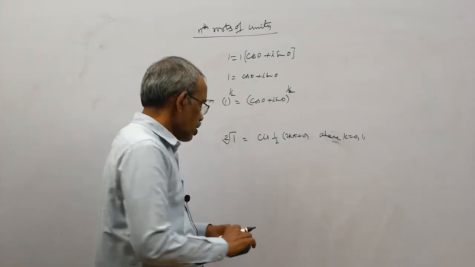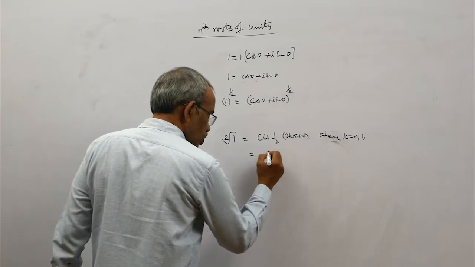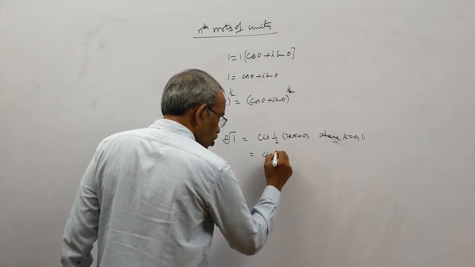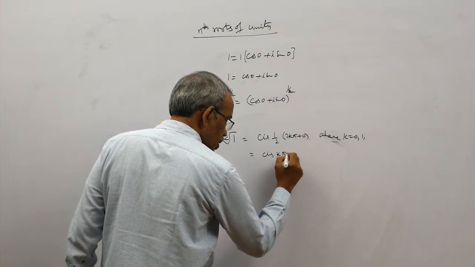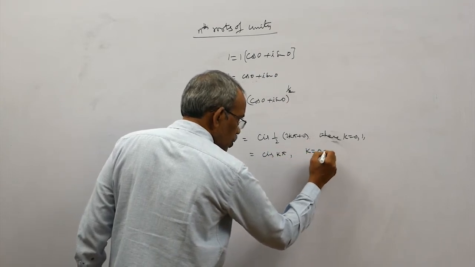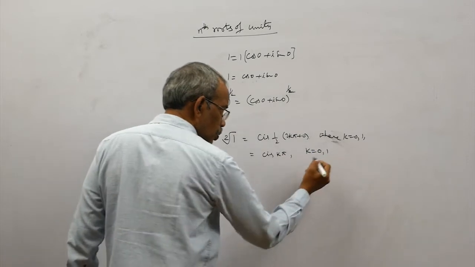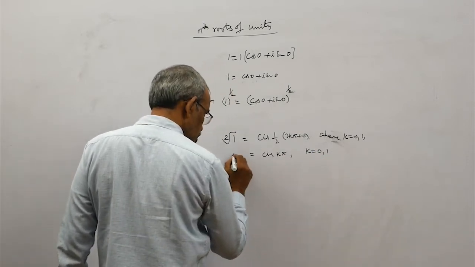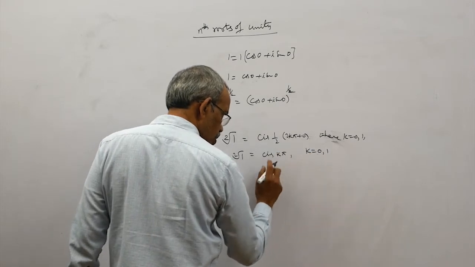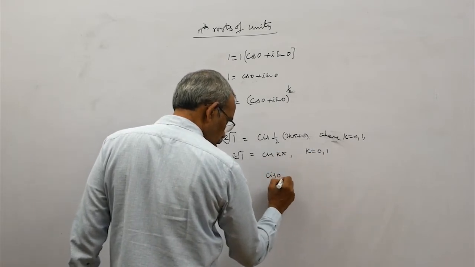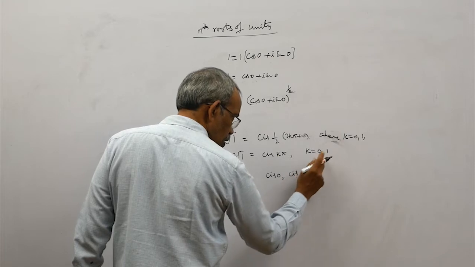Square root of 1. To write the square root of 1, look here, cis of 1 by 2 into 2k pi, that is equal to cis k pi, k equal to 0 comma 1. When we substitute k equal to 0, we get cis 0. One value is cis 0, another value is cis pi.